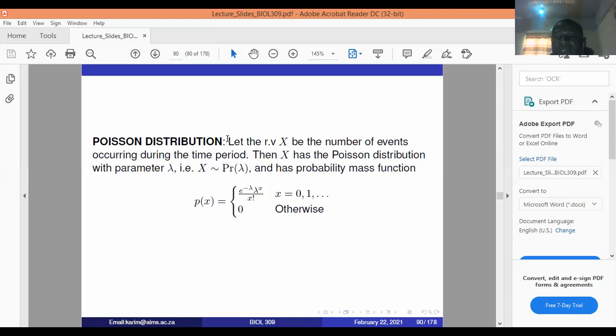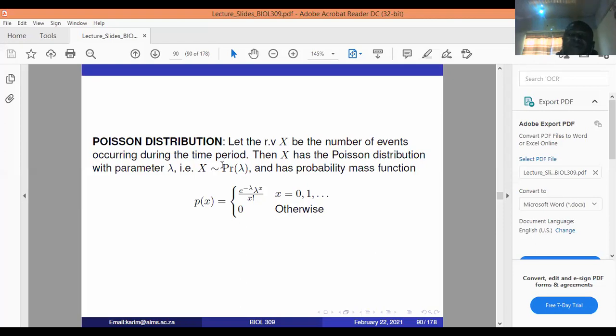So maybe today, 20 newborn babies, the following day, 15. So you record the number of babies born per day in a hospital. Then what type of distribution will that data have? We said the data will have a Poisson distribution. So when the focus is just counting items, then we have a Poisson distribution.